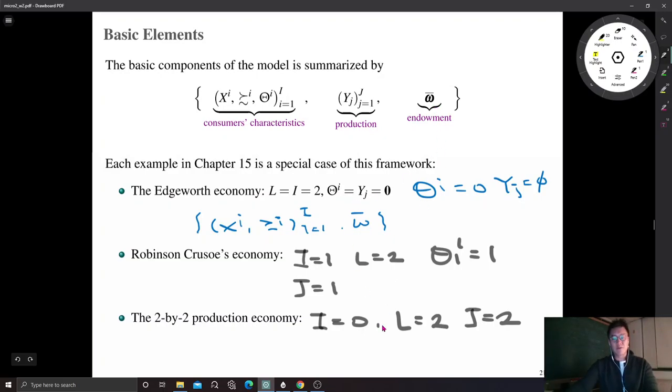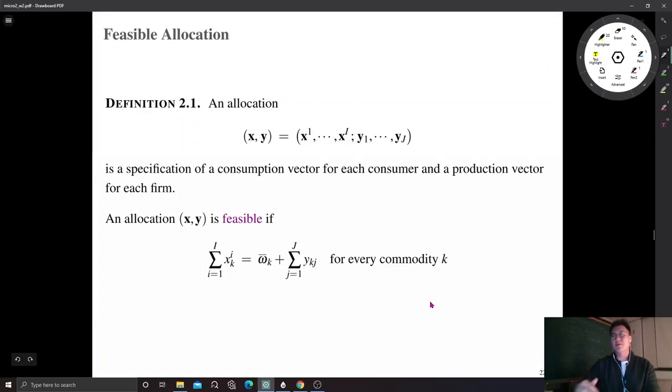And the endowment was the endowment of factor 1 and factor 2. Okay, and remember, these commodities are not just for consumption. Some commodities stand for inputs. So all examples we studied in chapter 15 are special cases of this general framework.